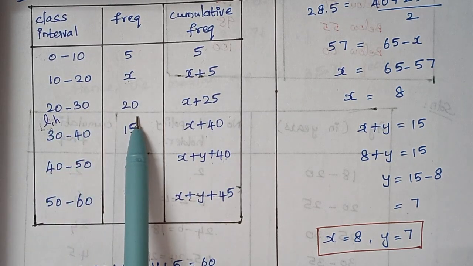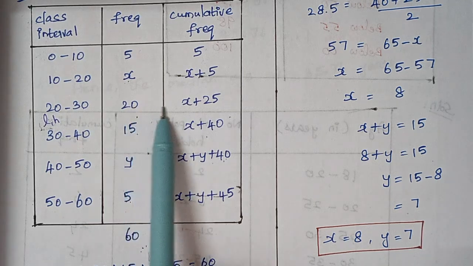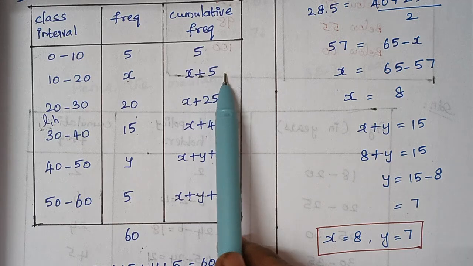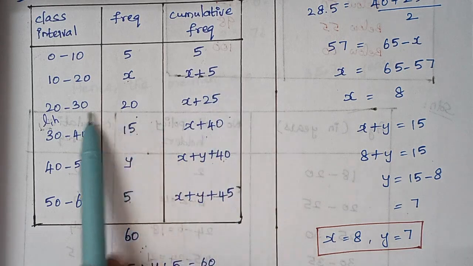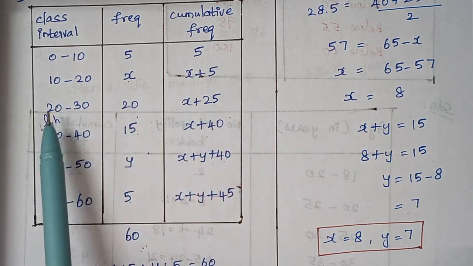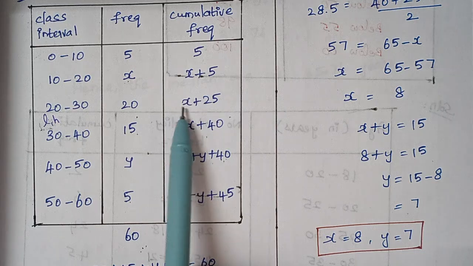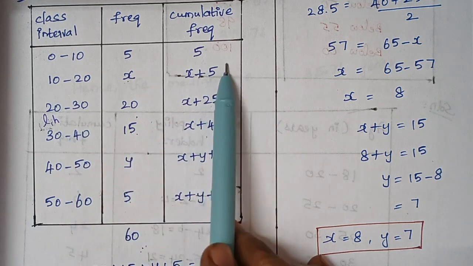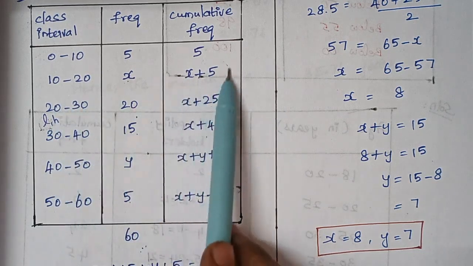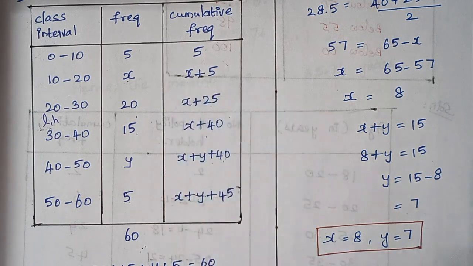And what about the cumulative frequency? The cumulative frequency is the value prior to this row. This is the row which has your L, H as well as F. So the row prior to this row, we have to take the cumulative frequency value from there, that is here it is x plus 5.